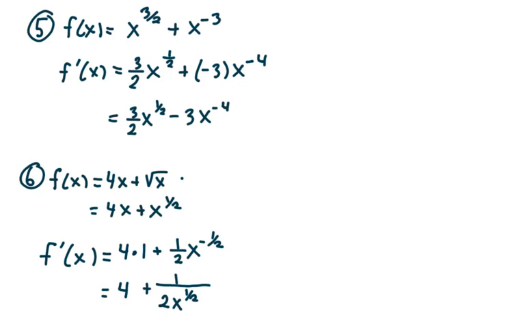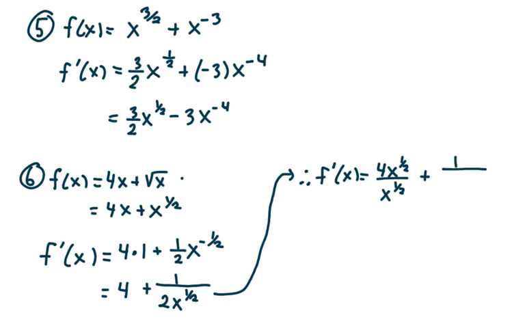Okay. Now, I'm going to come over here, and I'm going to say, therefore, f prime of x is 4x to the 1 half over x to the 1 half plus 1 over 2x to the 1 half, right? And we have to do one more step because notice how the second term has a denominator that contains 2.